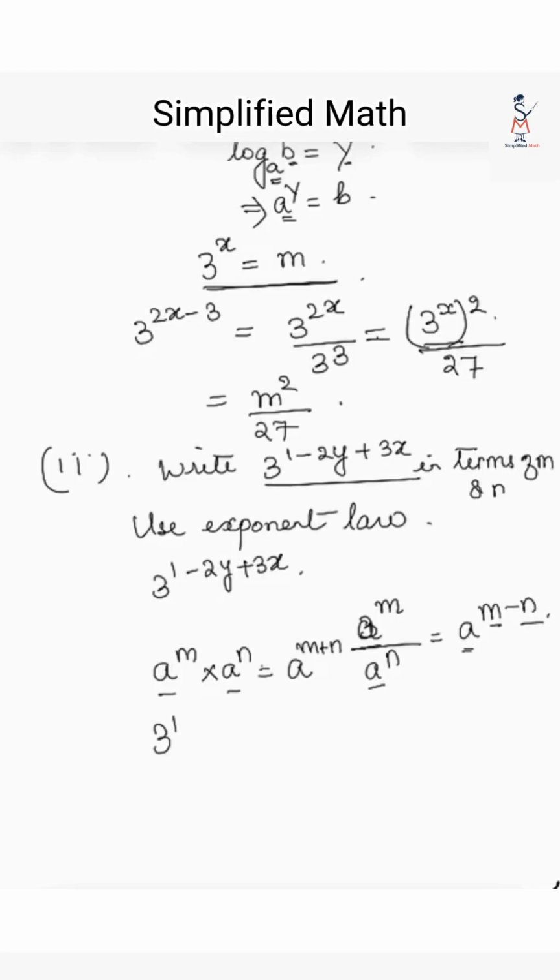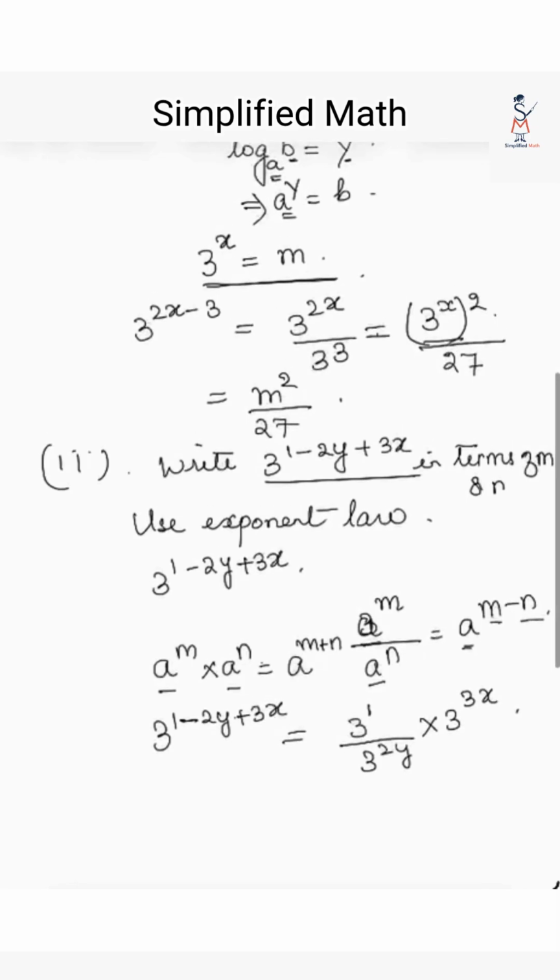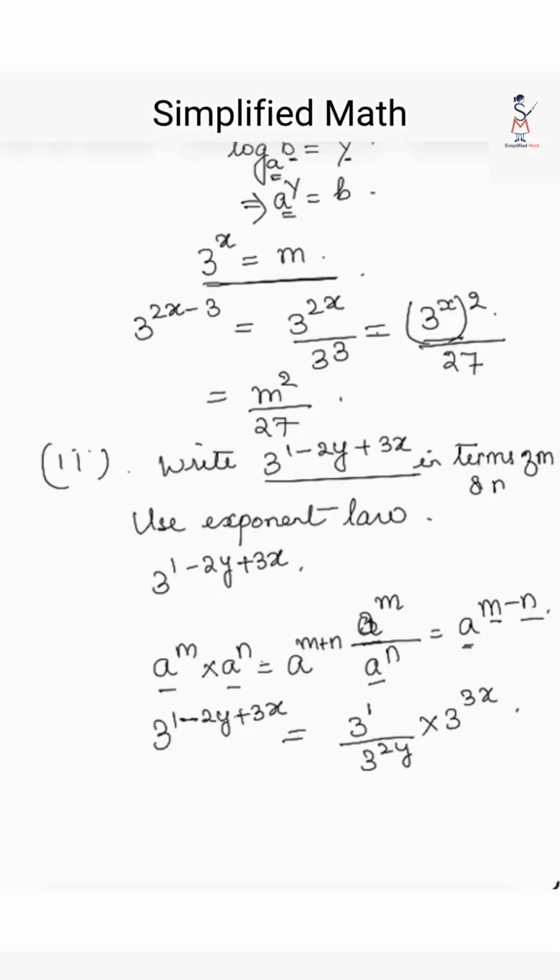So 3 raised to the power 1 minus 2y plus 3x, everything is in power. This is actually 3 raised to the power 1. It's minus, so divided by 3 raised to the power 2y. It's plus, so into 3 raised to the power 3x. Fine. So this is how we can write this. Now what was given?